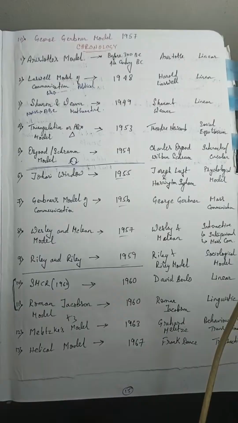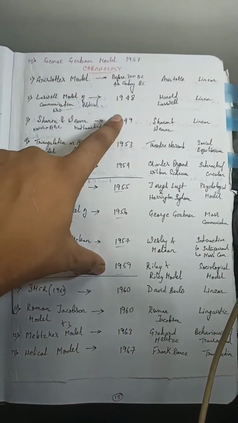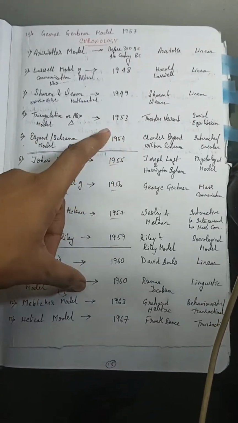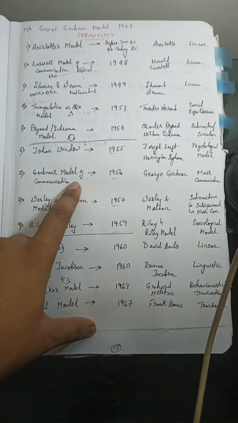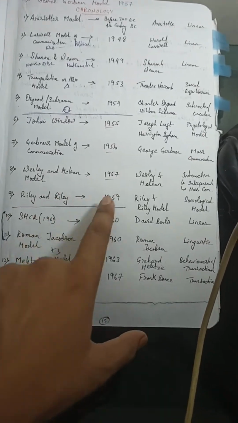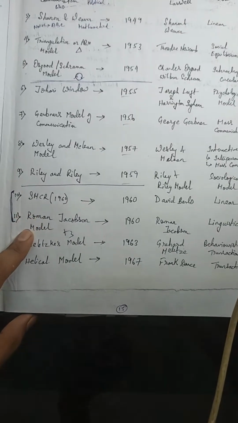To put it simply: Aristotle model 300 BC, then Lasswell 1948, Shannon Weaver 1949, triangulation 1953, Osgood 1954. After one year we have 1955 Johari window, Gerbner model in 1956, Westley and MacLean's model in 1957, Riley 59. In 1960 we have two, one is SMCR and one is the Roman Jakobson model.